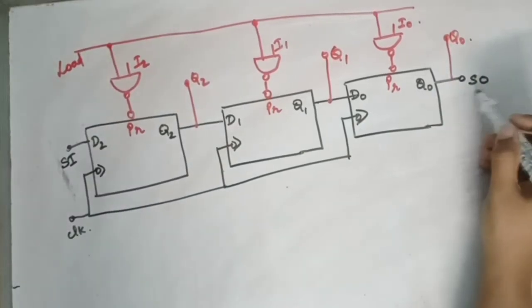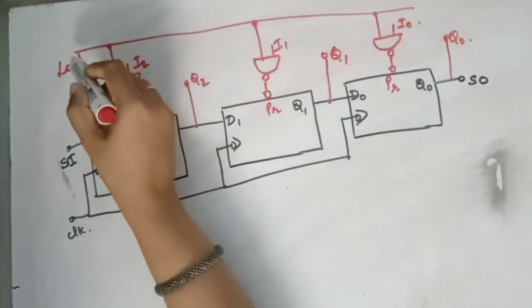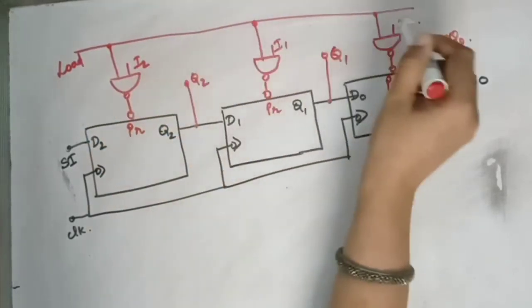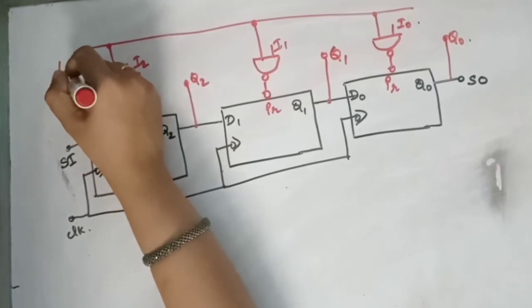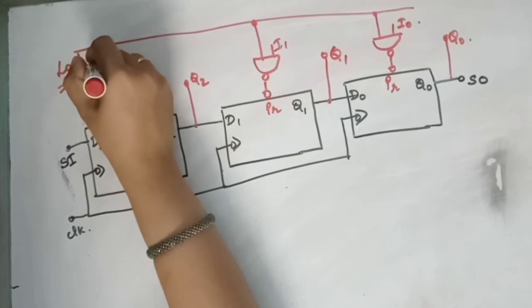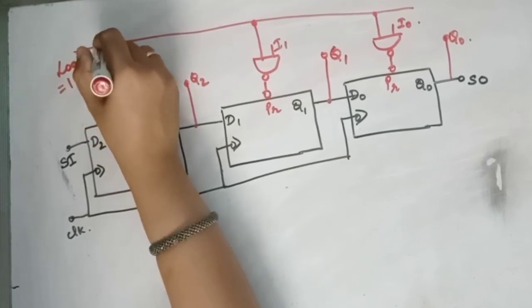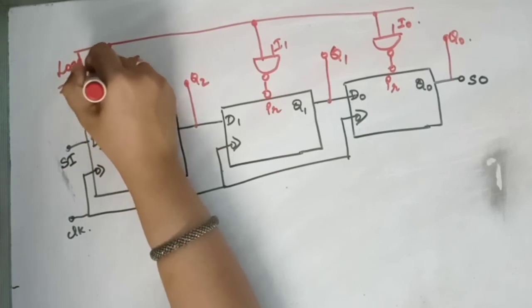This is serial out, this is serial in, load equal to 1 for parallel input, 0 for serial input.